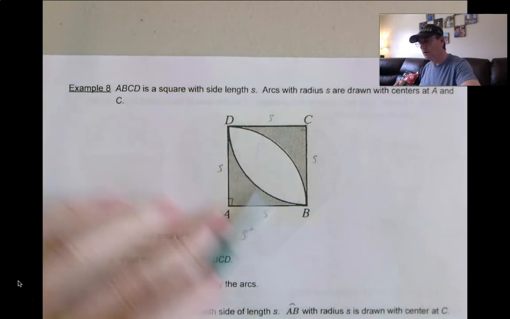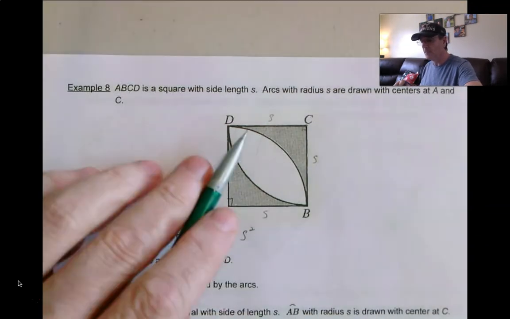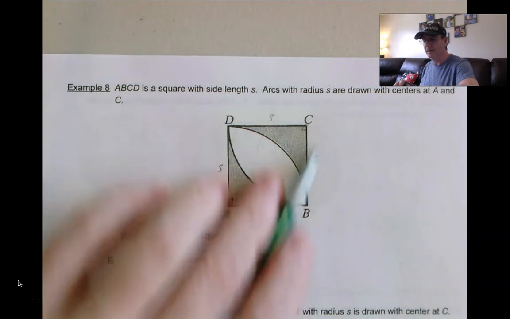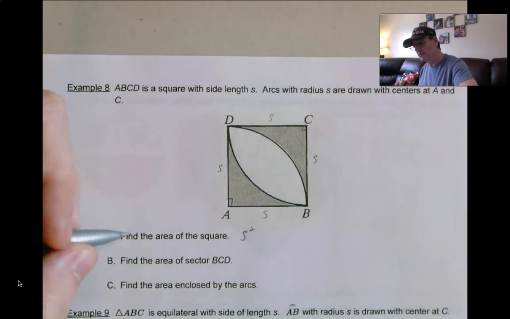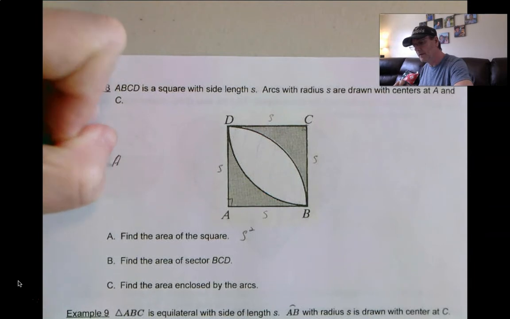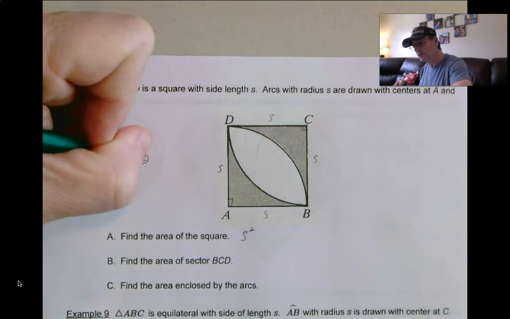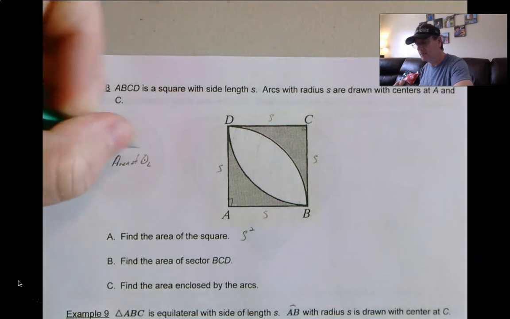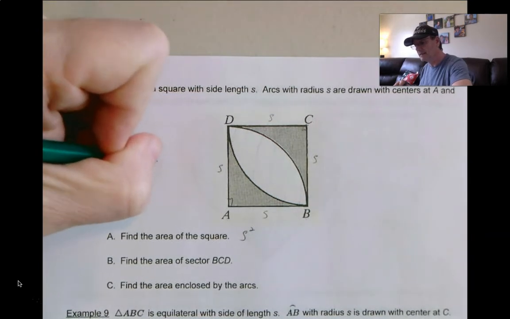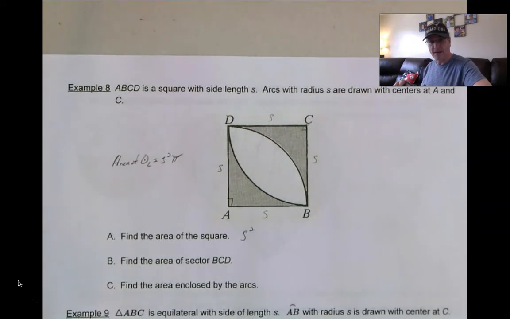Okay? Well, that's 1/4 the area of the circle with a radius S. So the area of circle C, with radius S, is equal to S squared pi, or pi S squared.